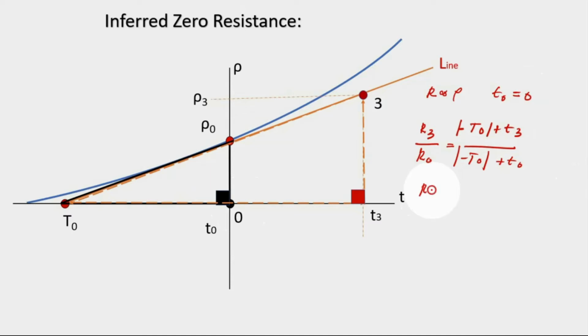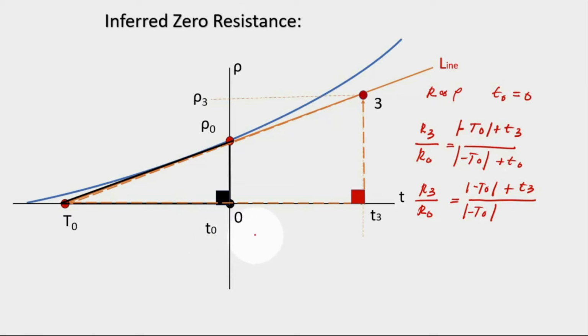So we have here R3 over RO, which is equal to the absolute value of T sub O plus T3 divided by the absolute value of negative T sub O plus 0. So this will be the relationship.